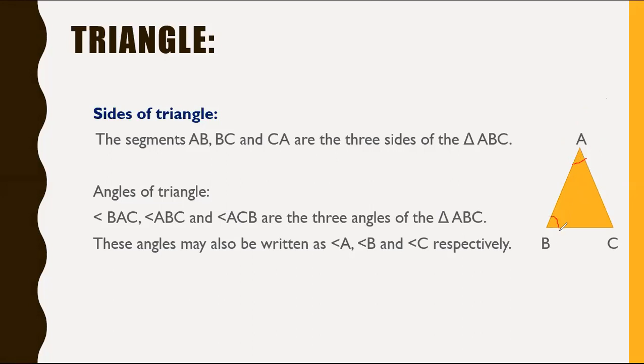Or simply I can say that this is angle B. In the same way, angle ACB means this angle, I'm talking about this angle. So I can simply say that this is angle C. So these are 3 sides and 3 angles of the triangle.